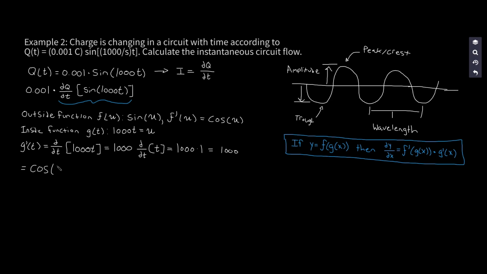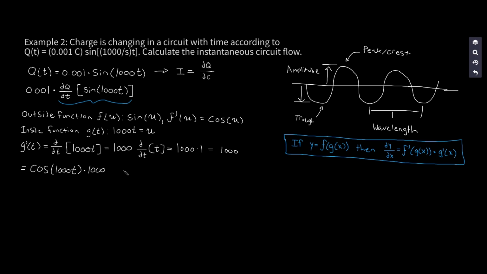That's going to be cosine of 1000 t times what? The derivative of g of t, so g prime of t, which is 1000. So we multiply this by 1000.